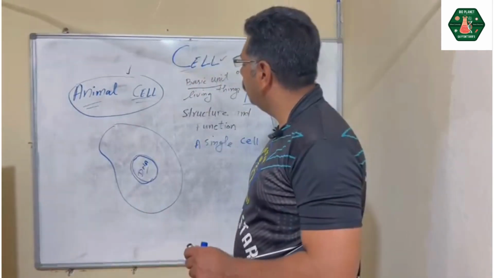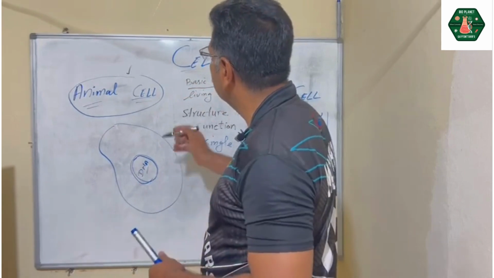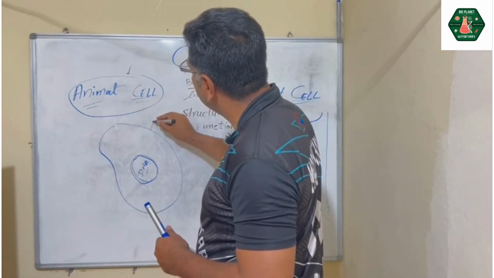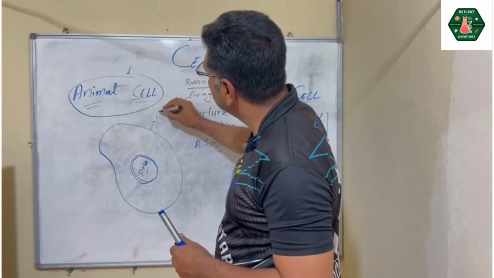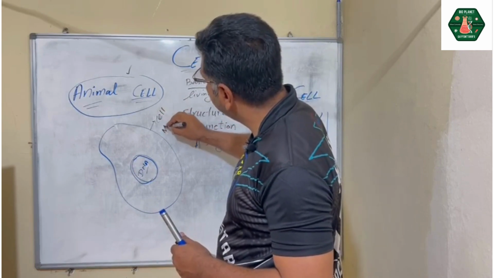Second, in the animal cell there is an outer covering, and this outer covering is the cell membrane.